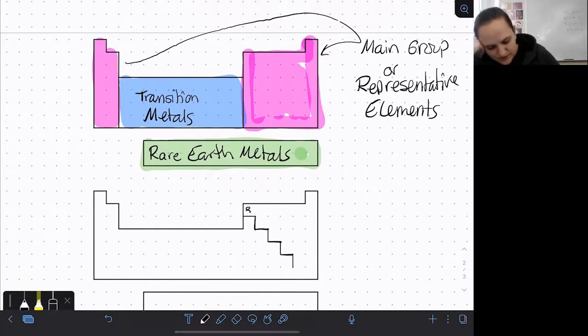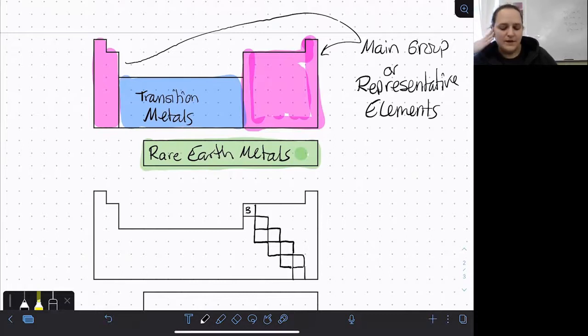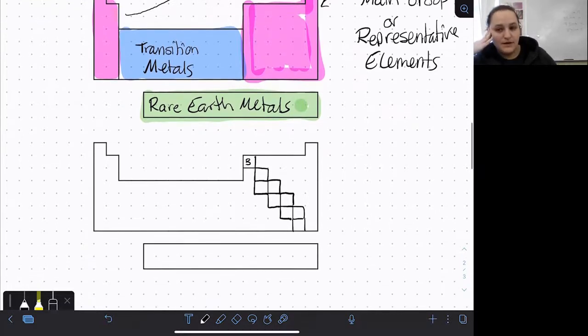This, just for reference, is boron. And the elements that lie around this staircase are kind of the dividing line between the metals on one side and the non-metals on the other.